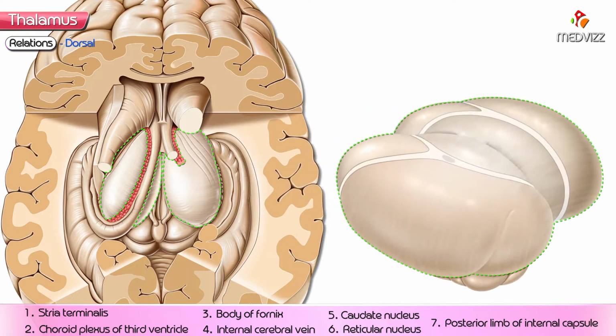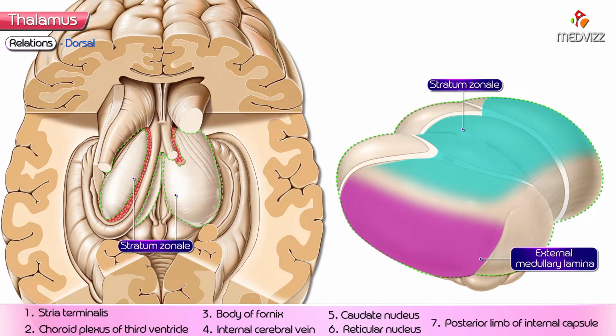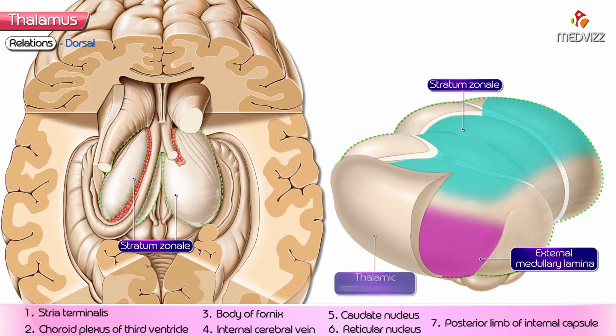When we see the dorsal aspect of the thalamus, it is covered by a thin layer known as the stratum zonale, while laterally it is covered by the external medullary lamina, a strip-like structure which separates the lateral and ventral thalamus from the thalamic reticular nucleus and the subthalamus.